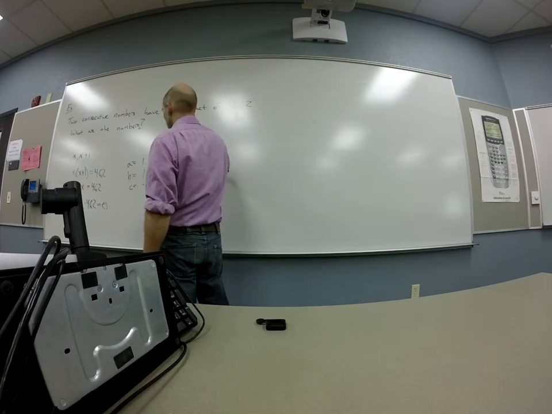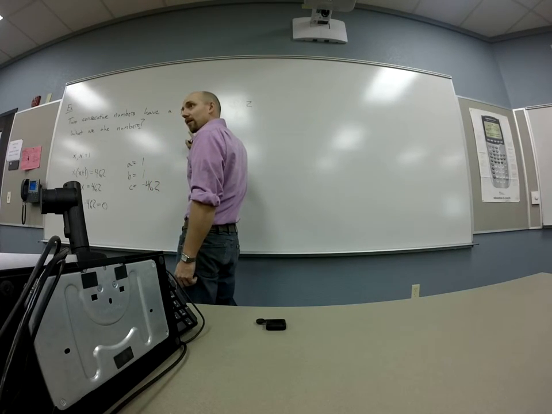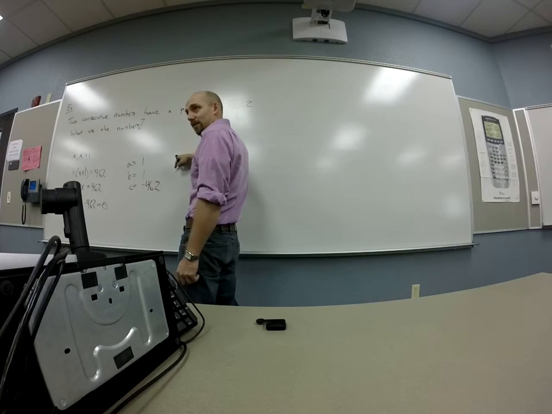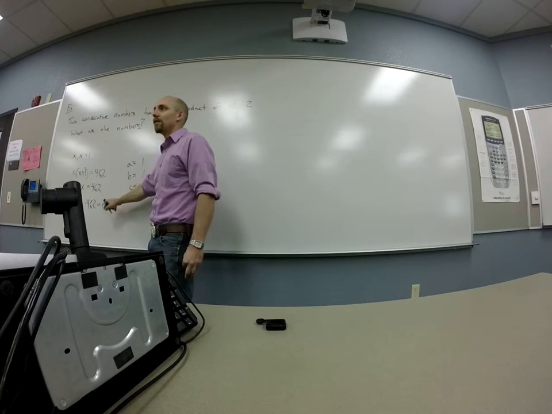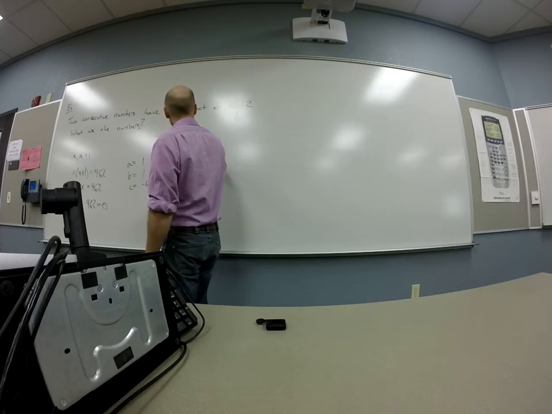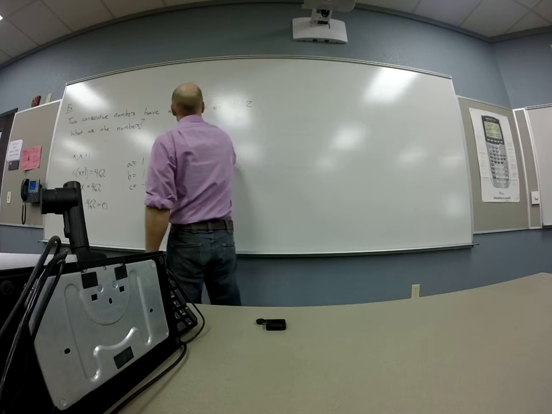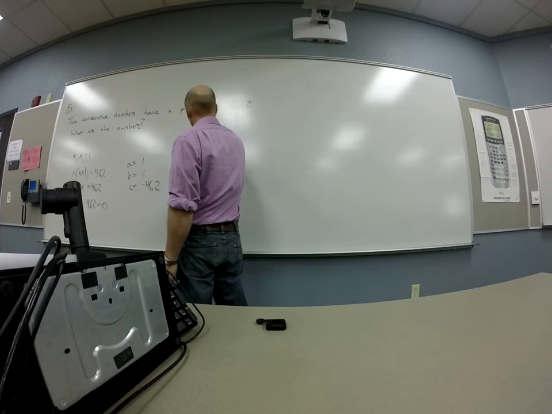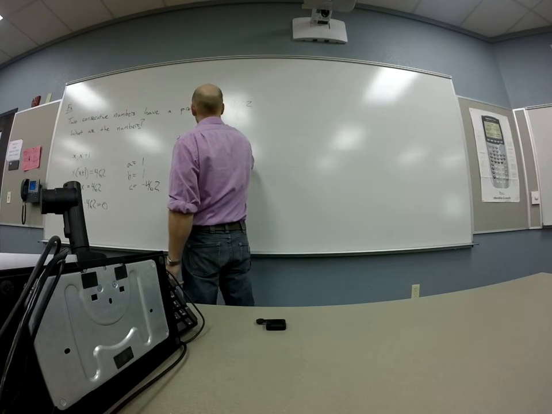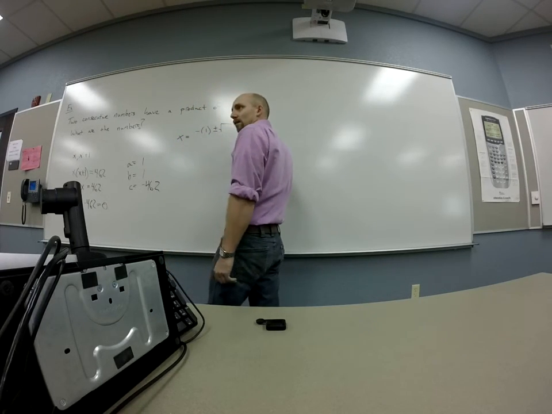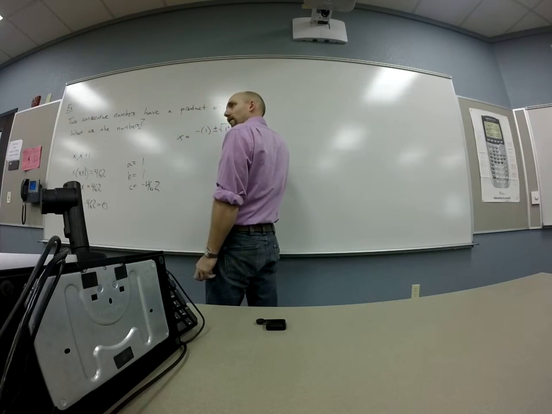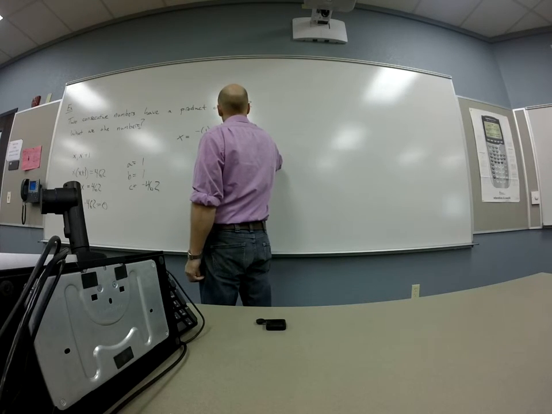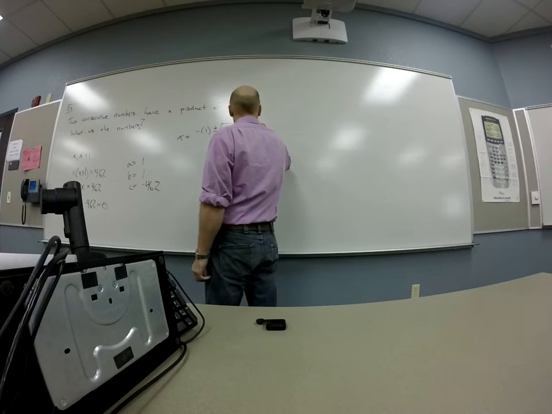The quadratic formula says if ax squared plus bx plus c is 0, which is the situation I'm in, then x is negative b, which is negative 1, plus or minus the square root of 1 squared minus 4 times a times c.